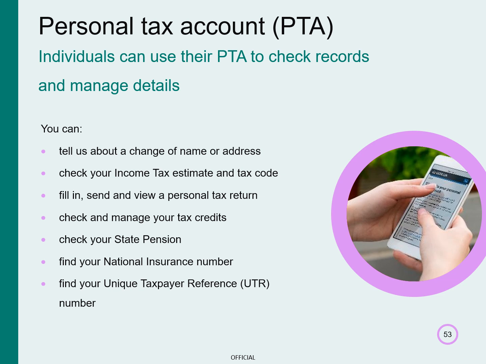Individuals can use their personal tax account or PTA to check records and manage their details with HMRC. We've included some of the things you can do using your PTA on the slide for you. As you can see, the actions you can perform on both the PTA and the BTA are very similar to the HMRC app.